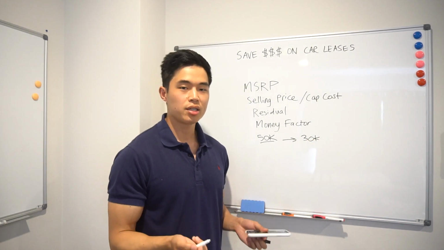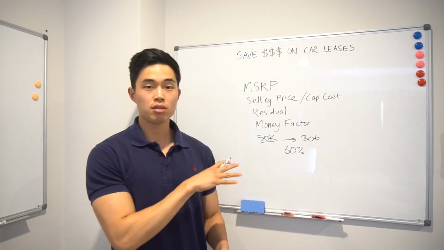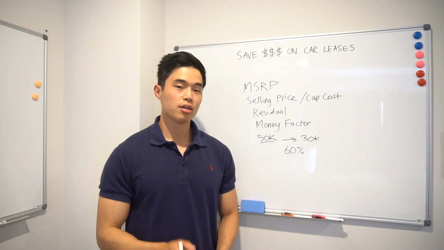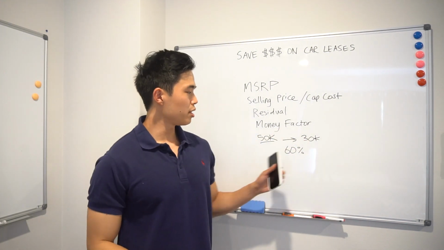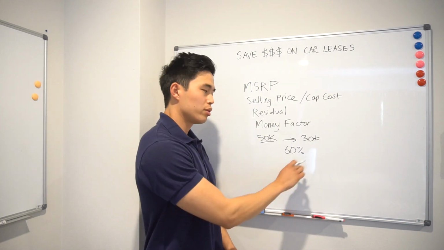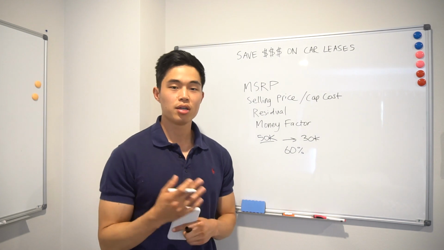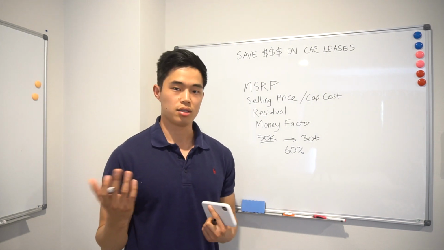That represents a residual of 60%, because if you take 50,000 and multiply it by 60%, you get 30K. So this company thinks the car after 2 years will be worth $30,000. This $20,000 difference is your depreciation, and that's pretty much the biggest part of the lease cost.